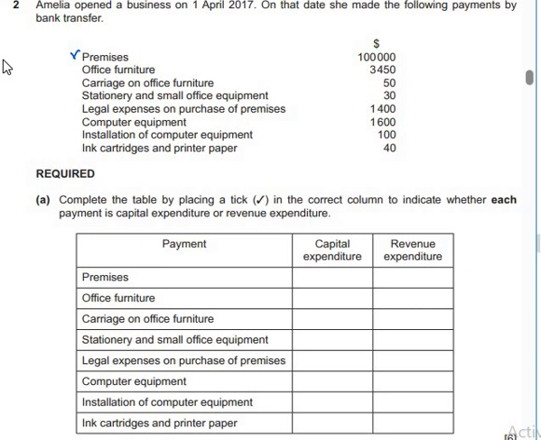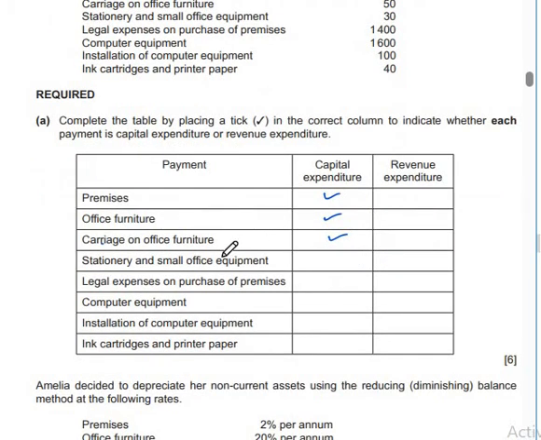While revenue expenditure are day-to-day expenses which go into the income statement, right? So premises obviously is capital expenditure. Office furniture is capital expenditure. Carriage on office furniture is also capital expenditure because, like I say, it is a carriage cost. When you are buying furniture and you spend money to carry that furniture, all these will be together the total cost of the furniture, right?